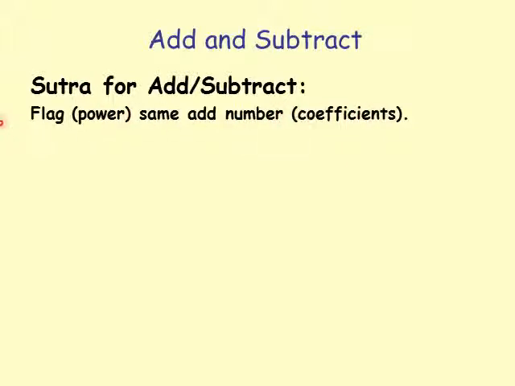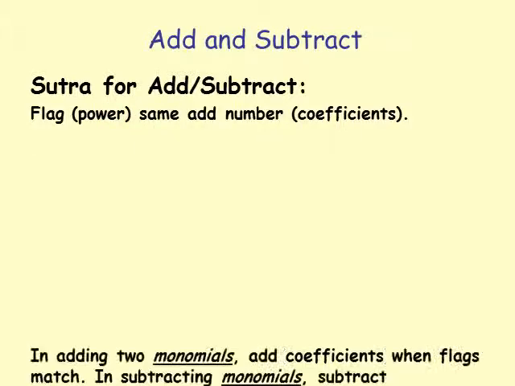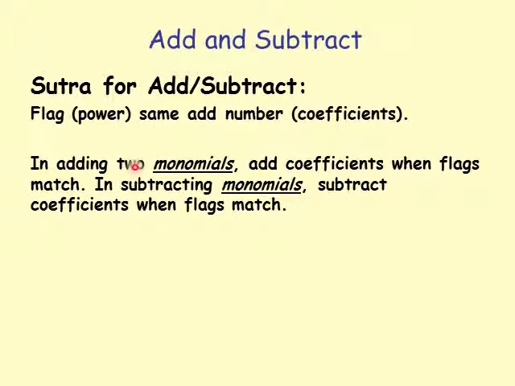If two monomials are joined by either plus or minus and they have the same flag value, we can add the coefficients or subtract the coefficients. In adding two monomials, add coefficients when flags match. In subtracting monomials, subtract coefficients when flags match.